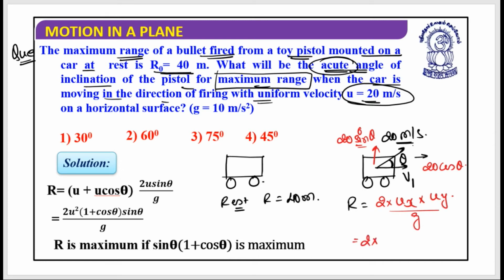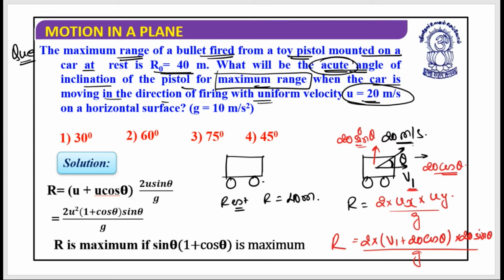Now look at this, 20 cos theta is in this direction, and v1 is in this direction. So this is 2 into v1 plus 20 cos theta multiplied by uy, that is 20 sin theta, divided by g. This should be the range.